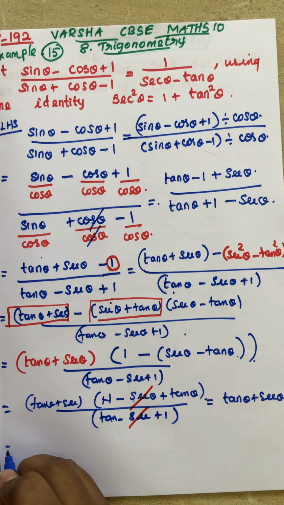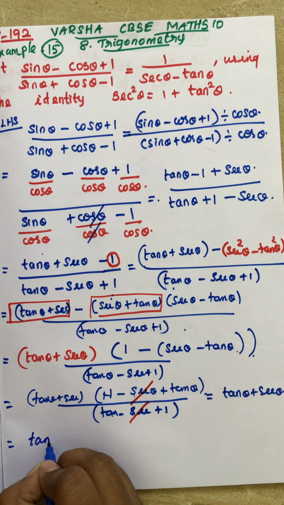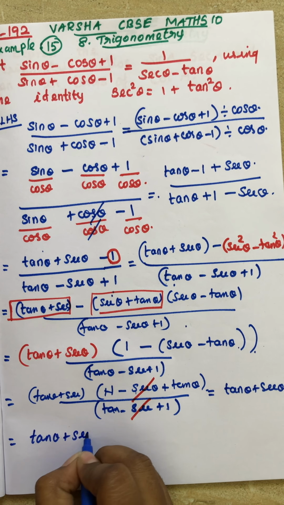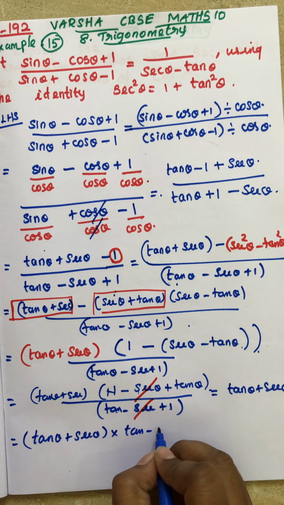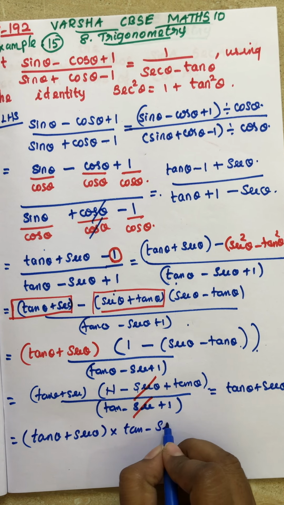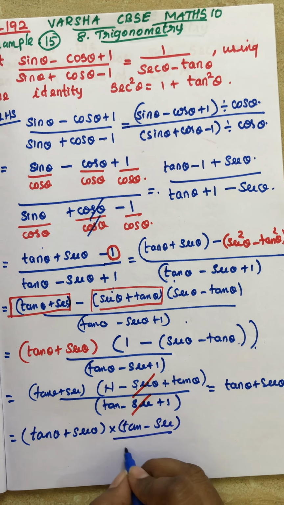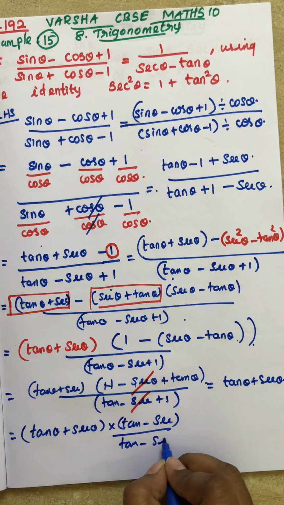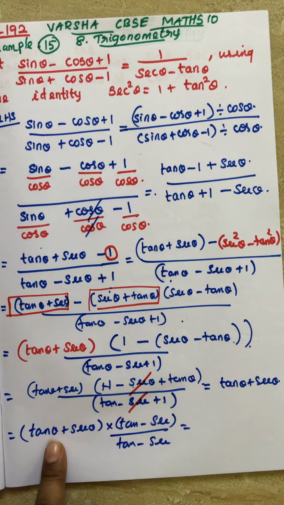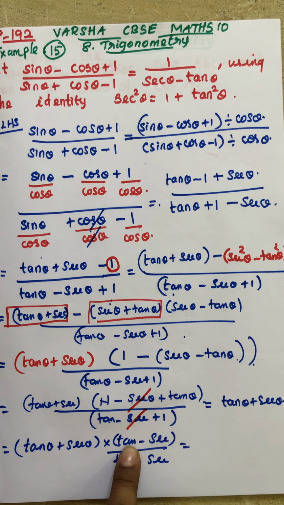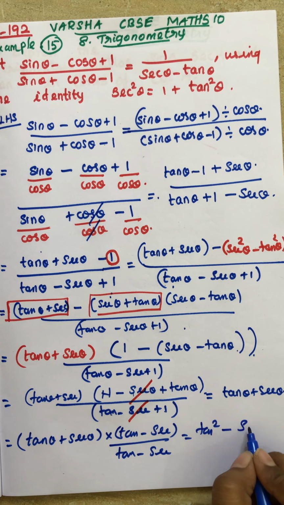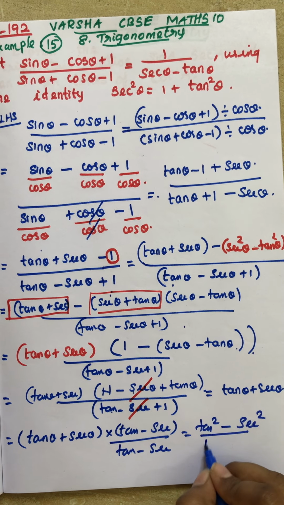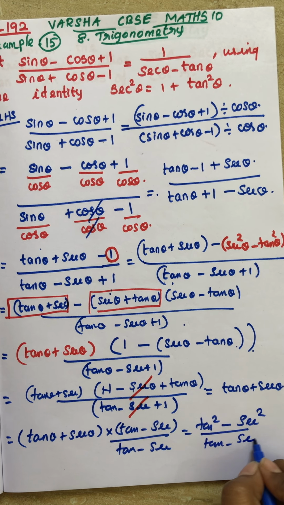So, what you should do, see, tan plus secant. You can take your conjugate and multiply. So, tan minus secant by tan minus secant. So, see, you can write algebraic expressions: tan square minus secant square divided by tan minus secant.